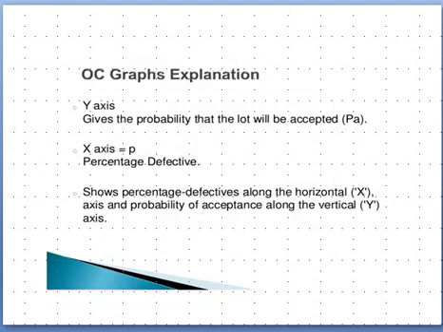In the operating characteristic curve, the y-axis gives the probability that the lot will be accepted, represented as PA. The x-axis is P, the percent defective. It shows the percentage defective along the horizontal axis and the probability of acceptance along the vertical axis.